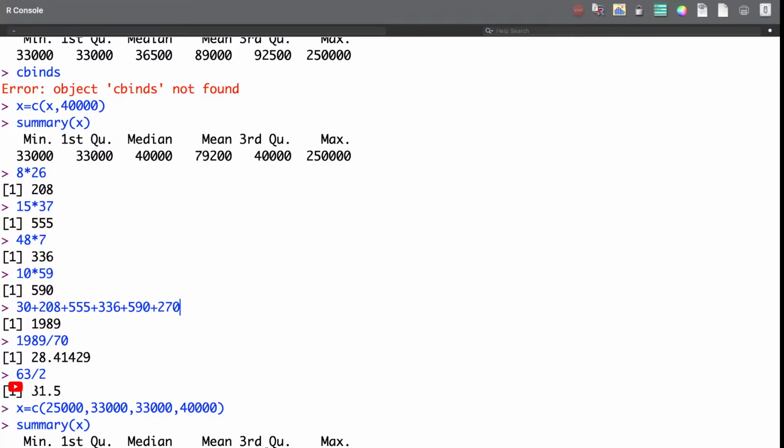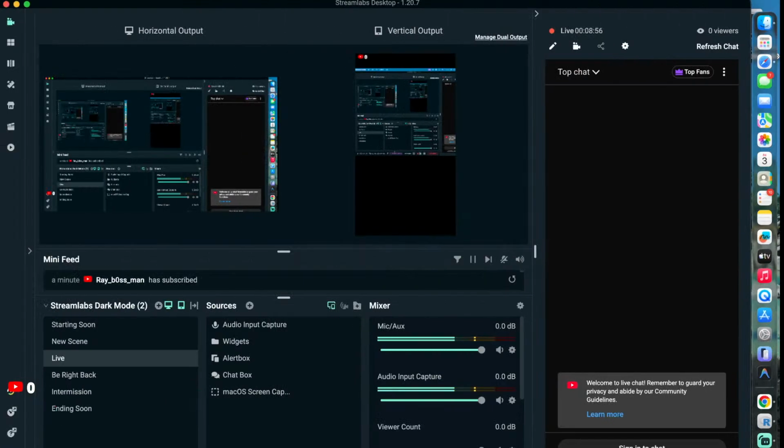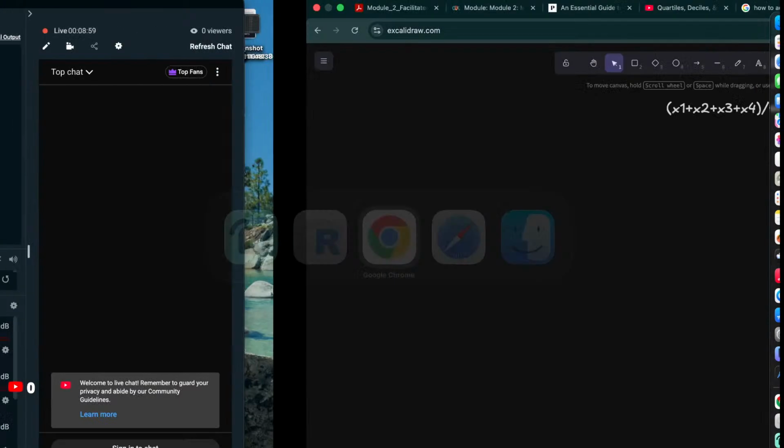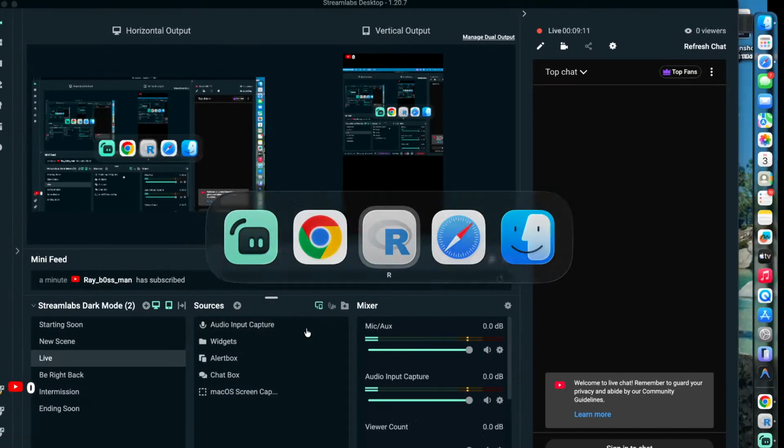So this is our mean. Let's go back to the question and see. We are told that the mode and mean will be the same. So let's check our mean.